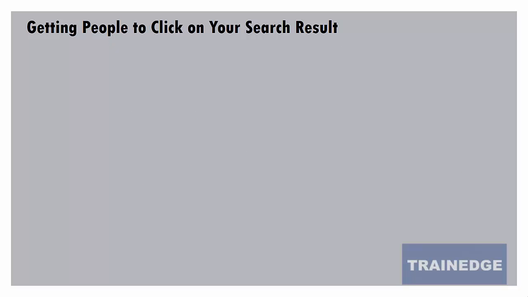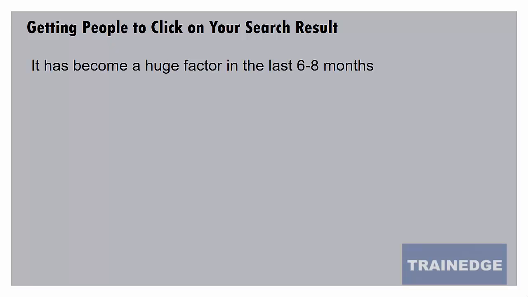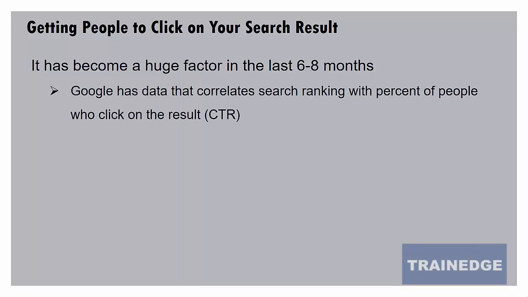Getting people to click on your page in the search result has become a huge factor in the past 8 to 10 months. Google has data that correlates search ranking with the percent of people who should click on that search result, or the CTR, or the click through rate.